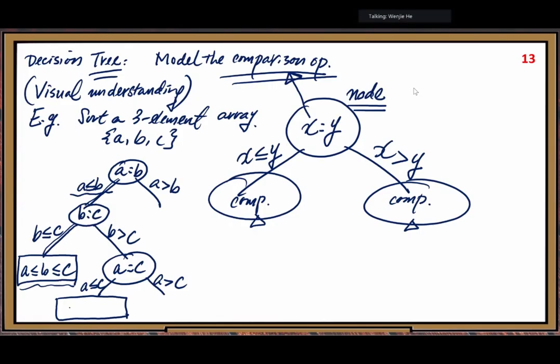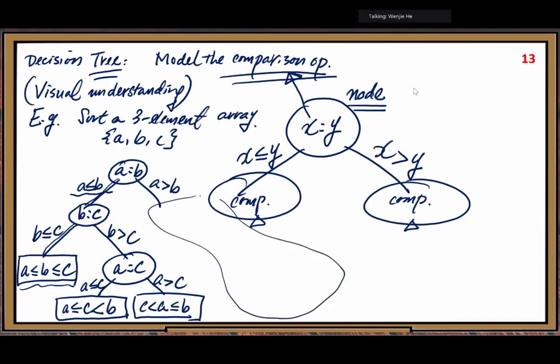A less than or equal to C, strictly less than B. Right? This branch, C less than A, less than or equal to B, right? Sorting result. Then, this right branch, we can do similar things, right? So I do not need to repeat.